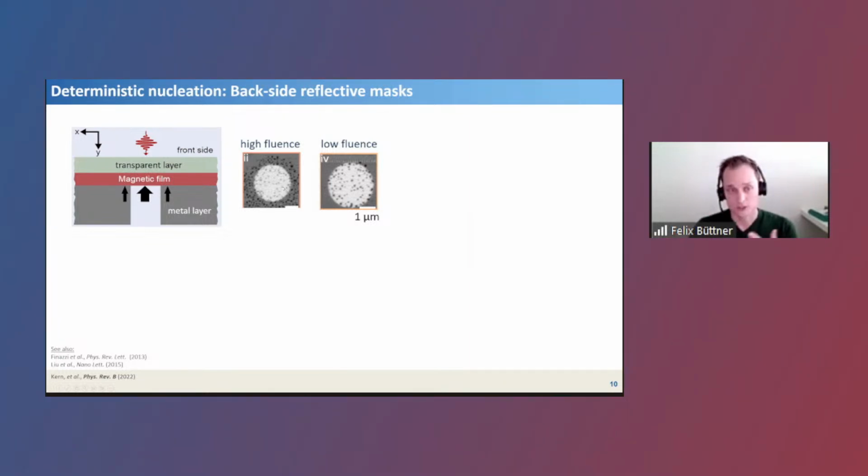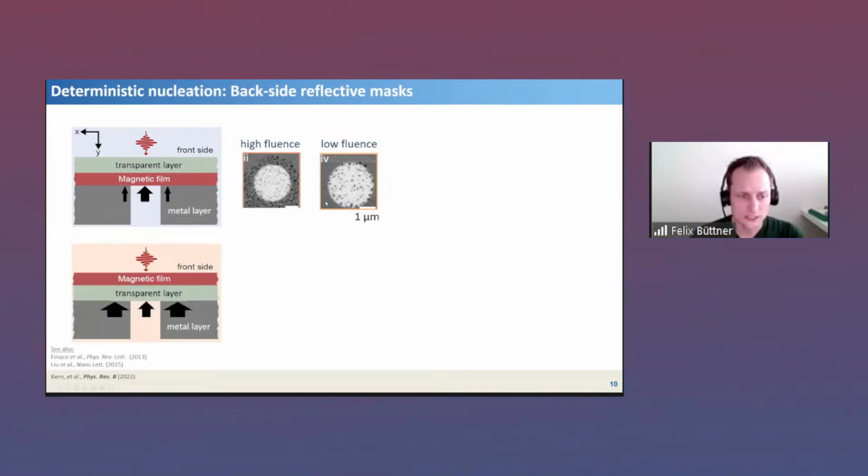Essentially, you overcome the threshold for skyrmion nucleation everywhere. However, at low fluences, only the part where you have reflectance on the backside is heated above that critical temperature, whereas the part with favorable transmission of the light and less reflection is heated less, and you get fewer skyrmions.